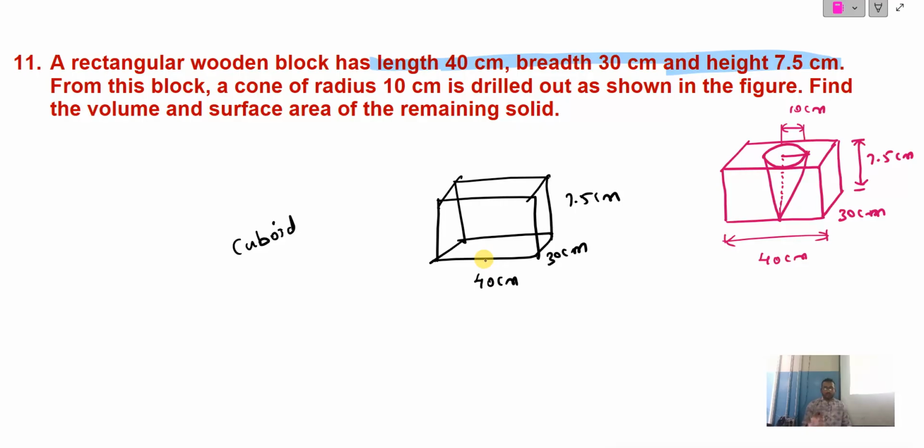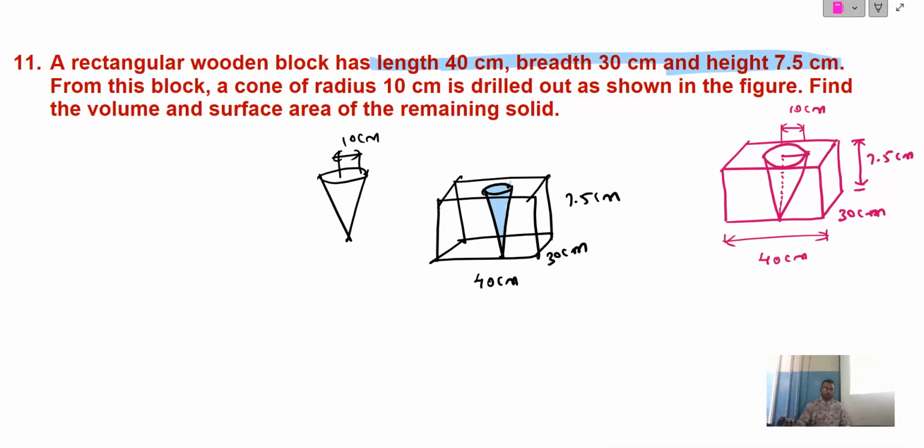Understood? Concept is clear? From this wooden block, we are removing this much part. Once you remove this much part, how does it look? It looks like this. So this was my complete wooden block.